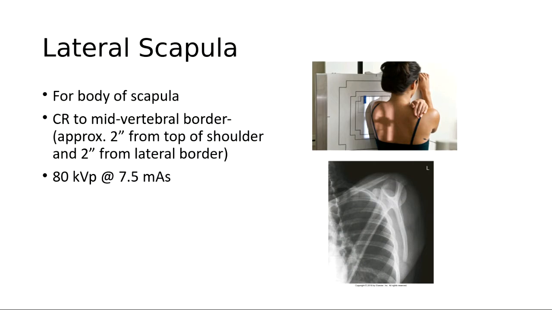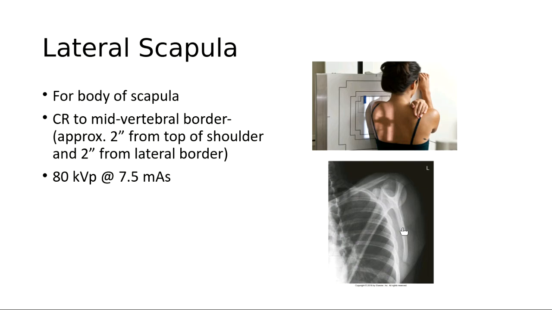Like I said, when patients fall flat on their back, if they pass out and fall flat on their back and complain of pain in the scapula, that is a potential that there is a fracture or shattered scapula. So that's what they're typically doing, this positioning, when you're looking for that.